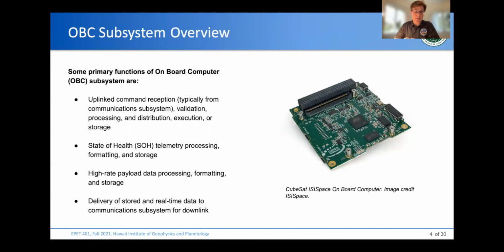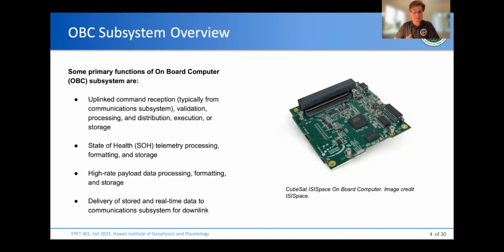Some of the main functions that we need to consider when developing and using these computers is to make sure that they're useful for the main aspects of our mission. So it's always important to relate back to the requirements and understand how the requirements really help us to identify what the primary computer should be for our mission.